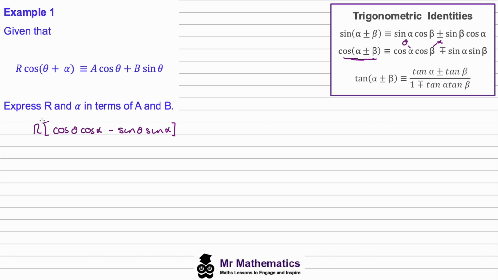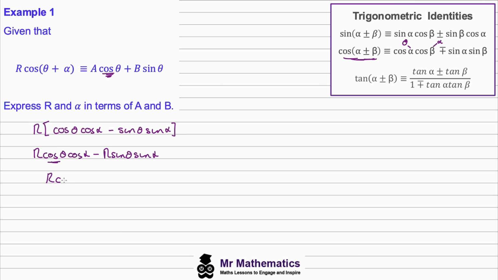Now we can expand out this bracket. So we've got r cos theta cos alpha minus r sine theta sine alpha. And now we need to match up the terms. You can see on this term, we've got a cos theta, and we have a cos theta here. So this A must be the r cos alpha for them to match up.